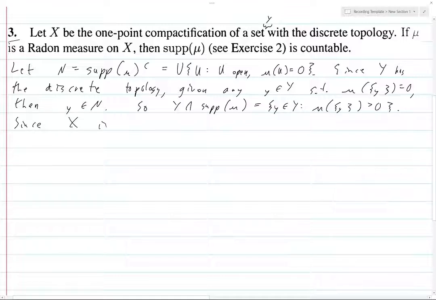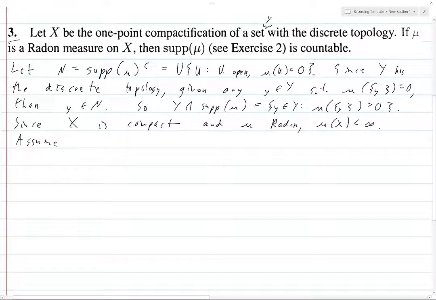Since X is compact and mu is Radon, the measure of X is less than infinity, because Radon measures are finite on compact sets. So let's see here.